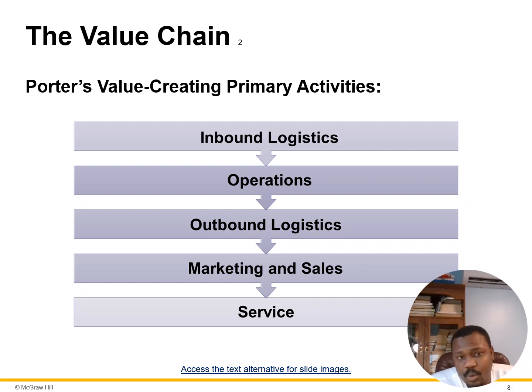So that is what Porter sees as value creating activities. And he thinks that the inbound logistics comes first. Then it leads to operations, and then we have the outbound logistics. Then it comes to the marketing and sales, and then the service.